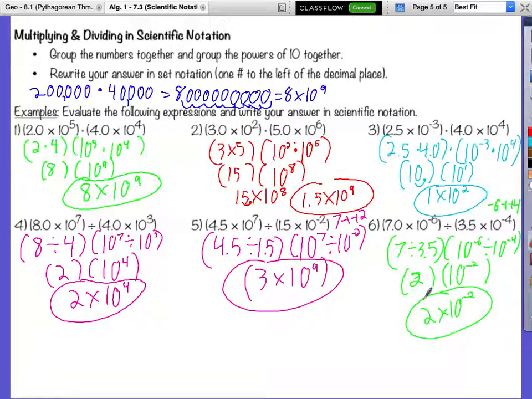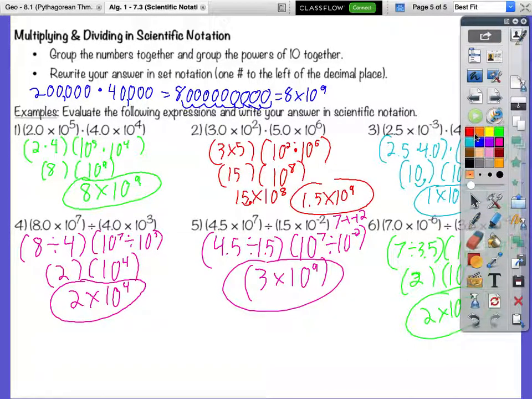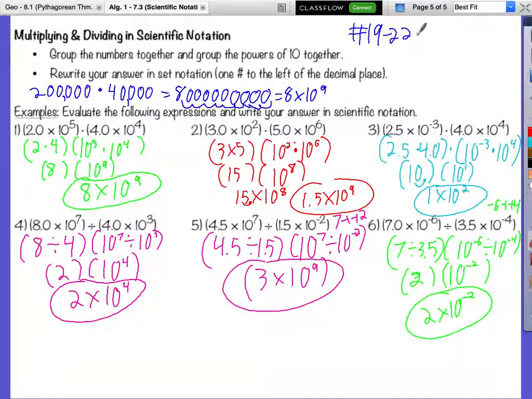Those dots there on 19 through 22 are supposed to be division. That's misprinted. So on 19 through 22, make sure we're doing division. Questions on that?